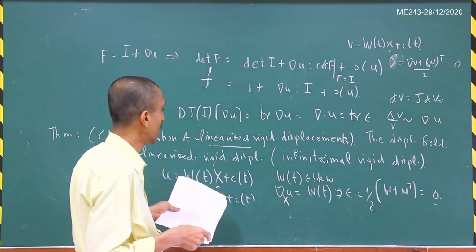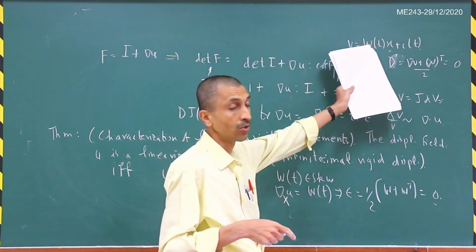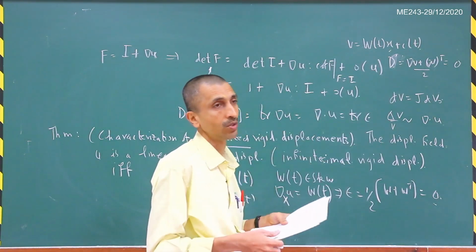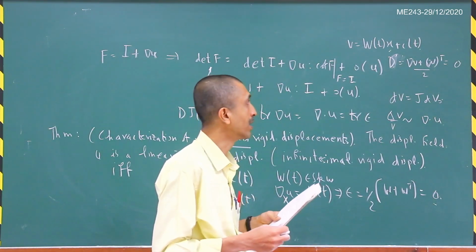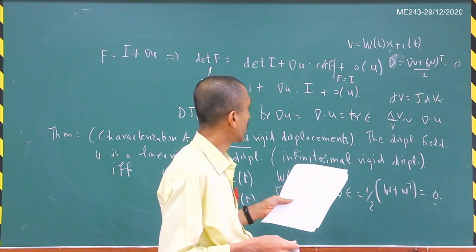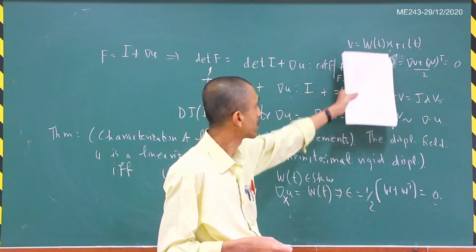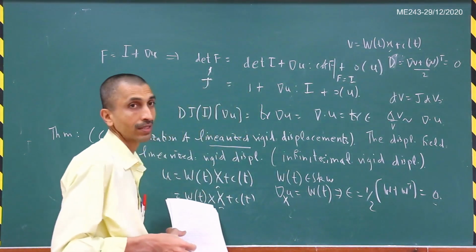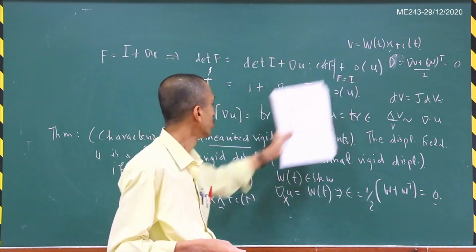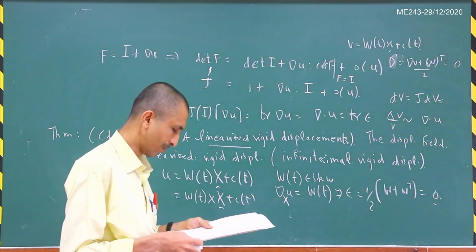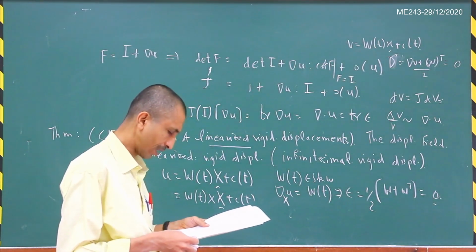So as I said, I'm just going to refer you to the proof of this one, because the proof is just identical to the characterization of linearized motion. If you make the substitution that instead of small x, now you will have capital X. Then instead of V, you will have U.